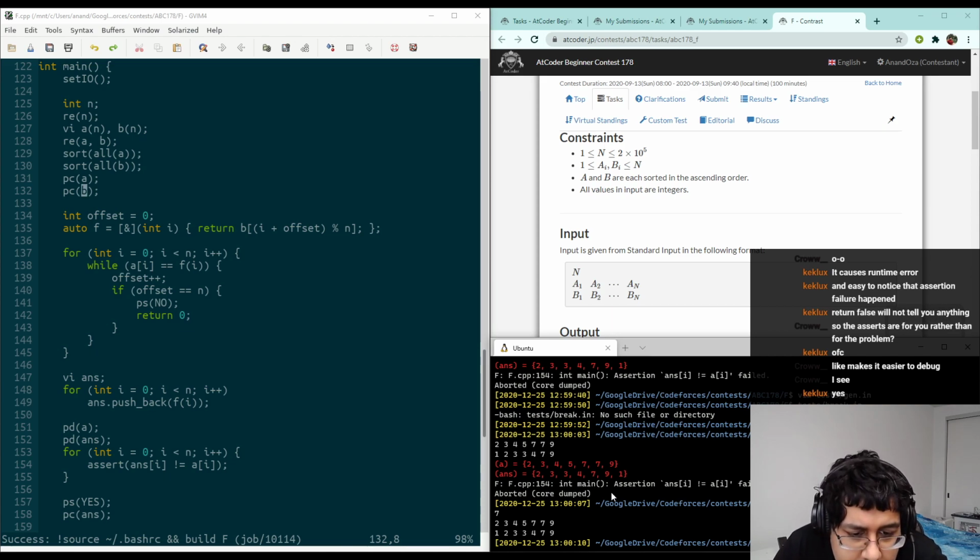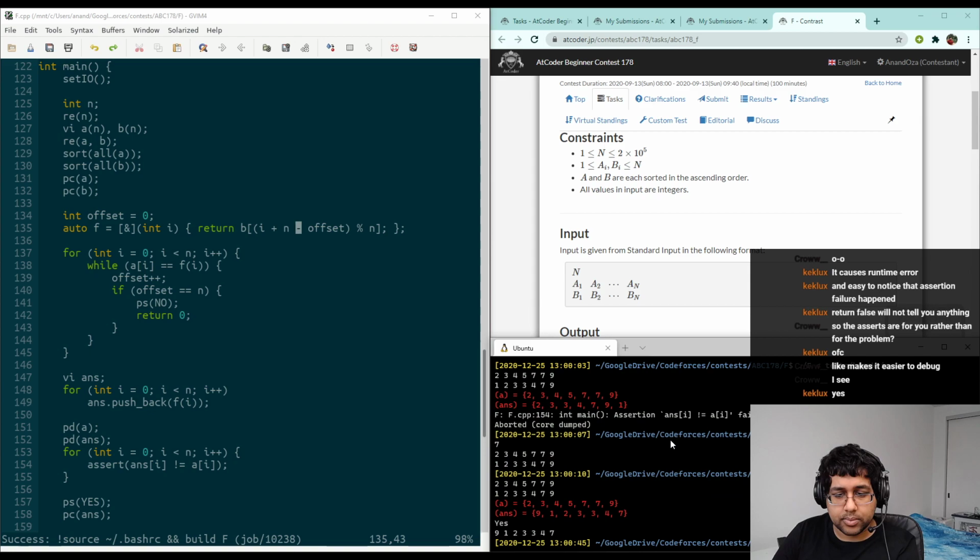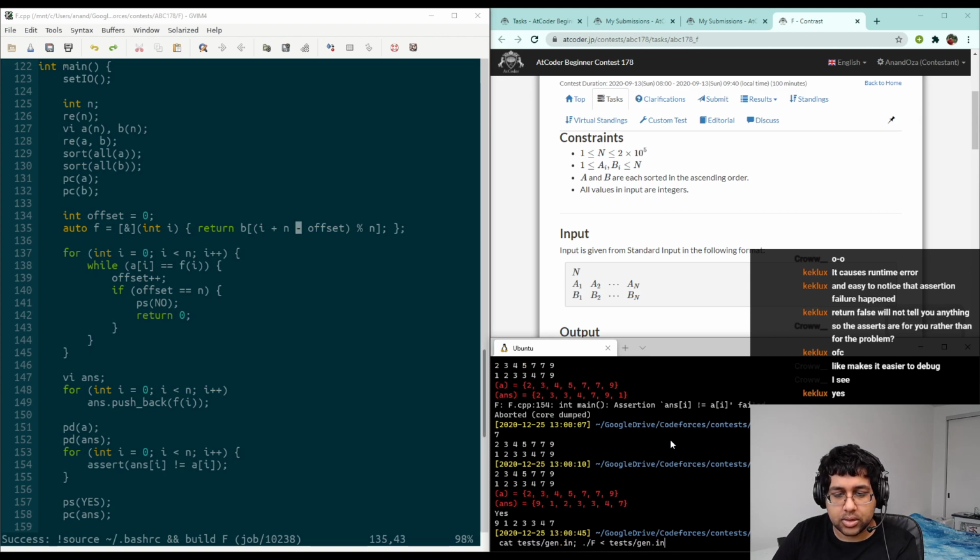Okay, so our problem here is we end up rotating the answer in such a way that it causes a problem for something that we had before. I'm a little tempted to just switch the direction of rotation. But maybe that's also just wrong.